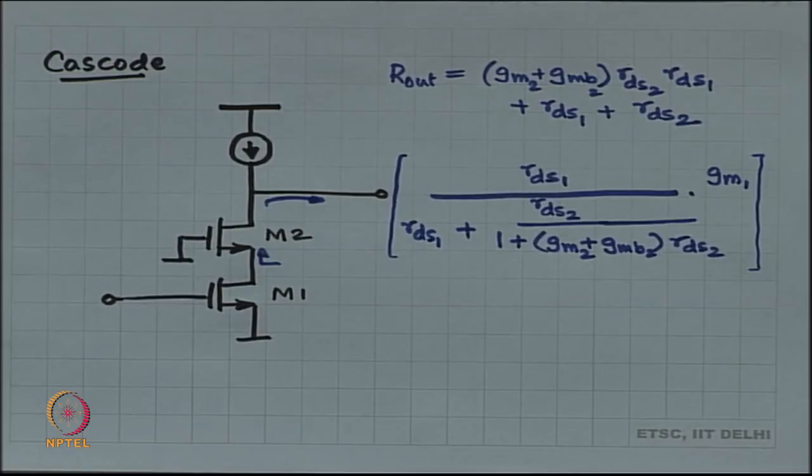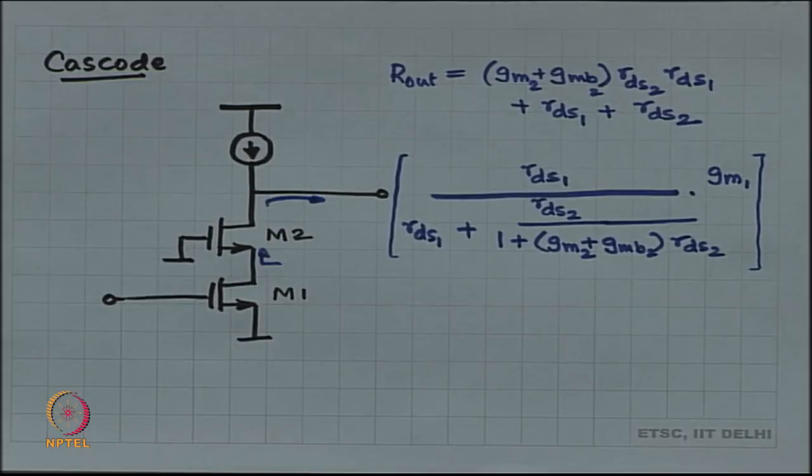We did not do KVL, we did not do KCL. We just memorized those two formulae. We did not even expand the circuit. We are just looking at the circuit, talking and writing the expression. So, that is how you need to do it.